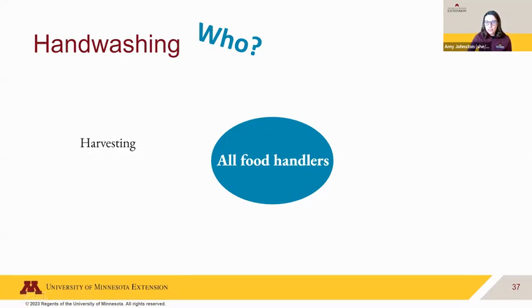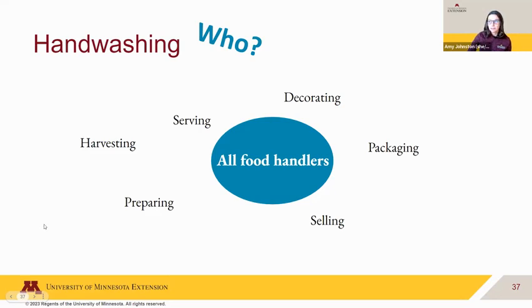So just a few examples is a food handler who is harvesting foods from a garden or an on-site farm, a food handler who is preparing foods, somebody that's decorating a food, such as cakes or cookies, someone who's packaging a food, maybe somebody's packaging up some dehydrated fruits, a food handler who is serving a food, somebody who is selling foods, and especially if money and packaging of a food are occurring at that same time, at time of sale.